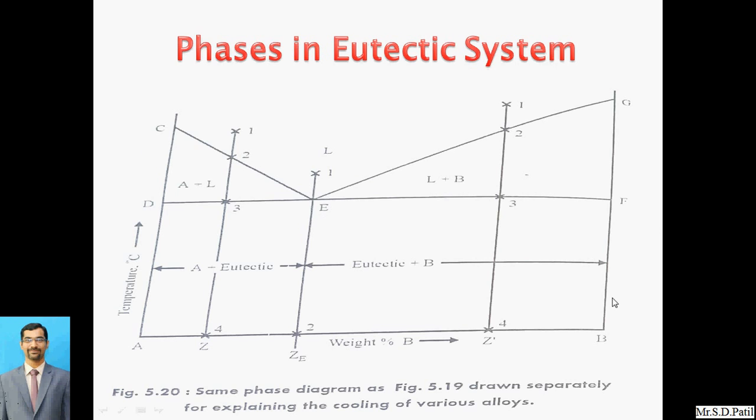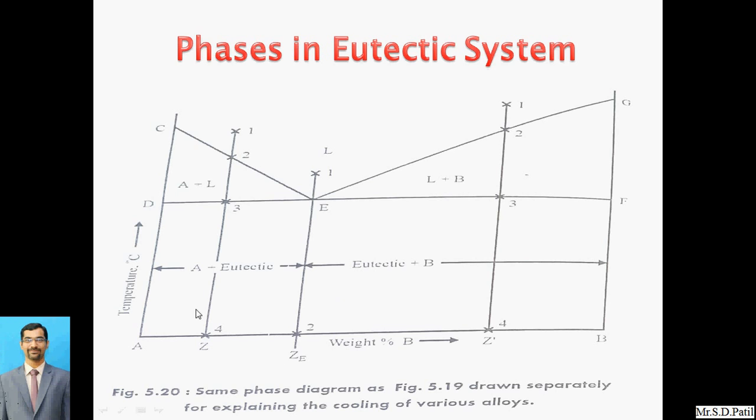This diagram we already explained in the last lecture, so those who are listening to this lecture, just go to my previous lecture so you can understand what this phase diagram is. We are just continuing with this lecture. So this E is the eutectic point, and again this line shows the phases of eutectic plus B.